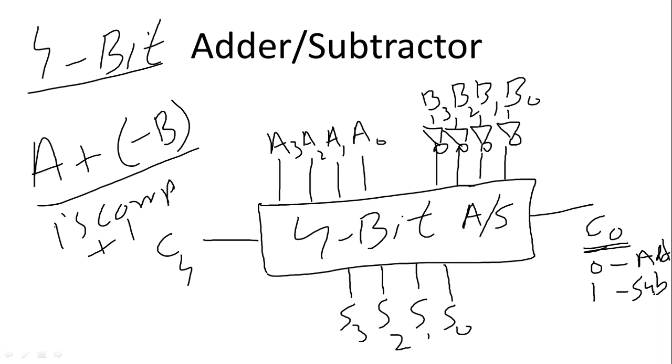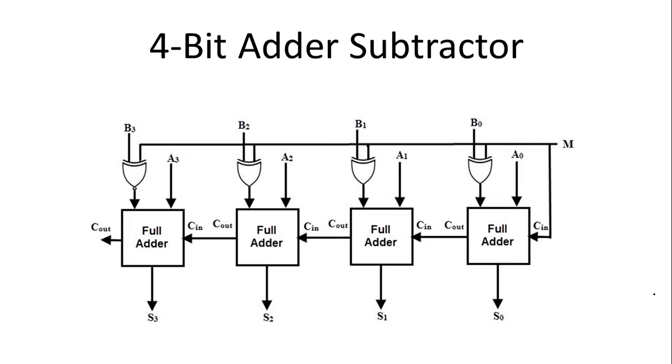So for that purpose we can use an enable or switch, like here. M is that bit which will perform the task to switch between adder and subtractor. And in this diagram, there are four different adders attached. Now see, there are two inputs, A and B, and they all have four bits, A0, A1, A2, and A3, and B0, B1, B2, and B3.